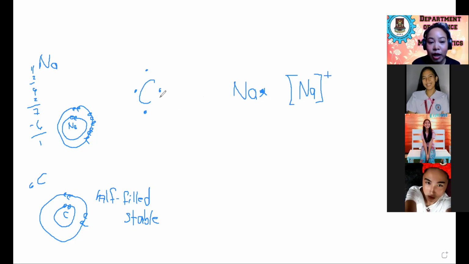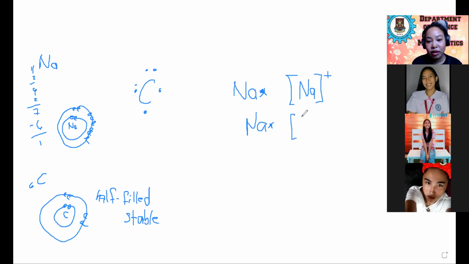So, katong electron nga gi-remove diri, ihatag na niya diri ni carbon. Now, naa pay lain nga mga electron diri nga unpaired. So, mangita na pud siya og lain nga sodium nga naay isa ka dot. So, iyang na pud ihatag dira, mawala ni siya diri.